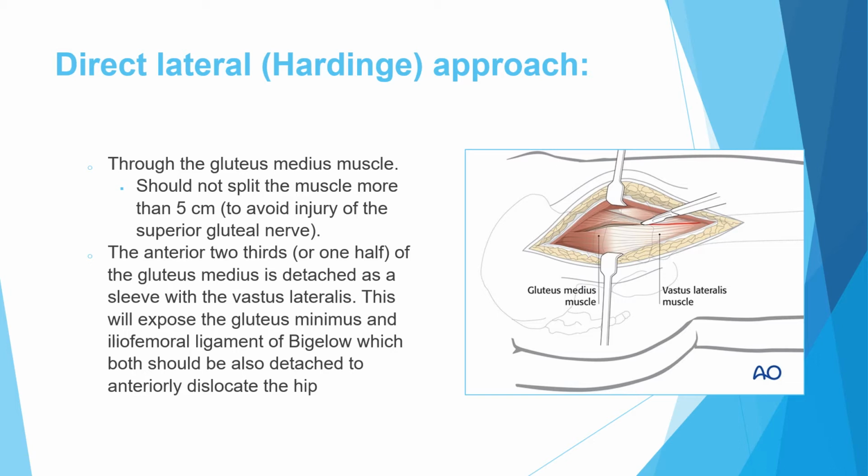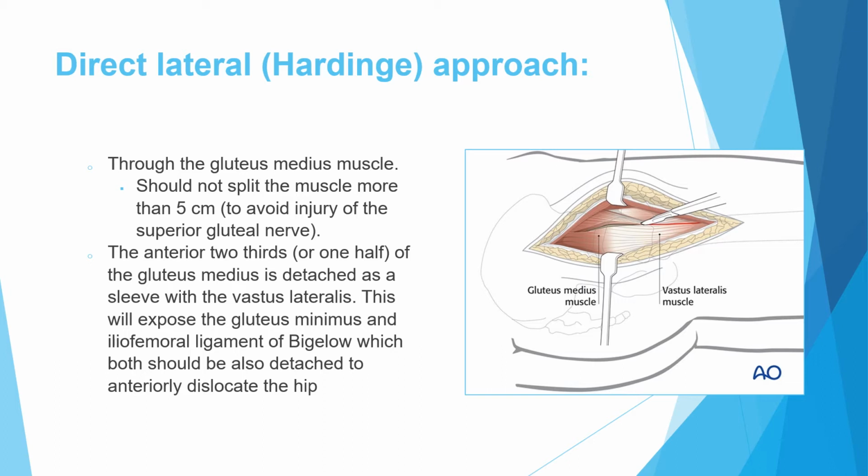So again, this is still not a true internervous approach, because it actually goes through the same muscle, which is the gluteus medius. Care should be taken not to extend too much proximally to avoid injury to the nerve. The anterior half, or 2/3, together with the anterior half of the vastus lateralis, are reflected, and then in the deep part, the gluteus minimus and the iliofemoral ligament will be detached to reach the anterior hip and dislocate the hip anteriorly.